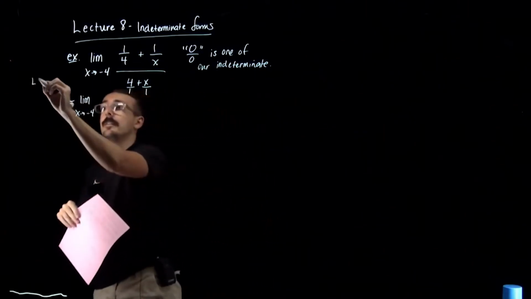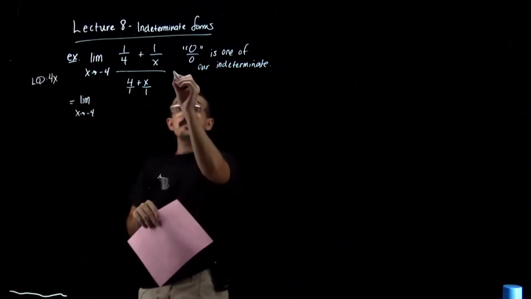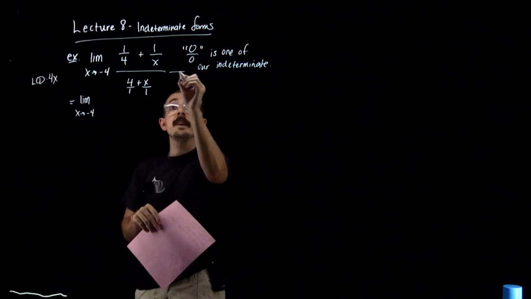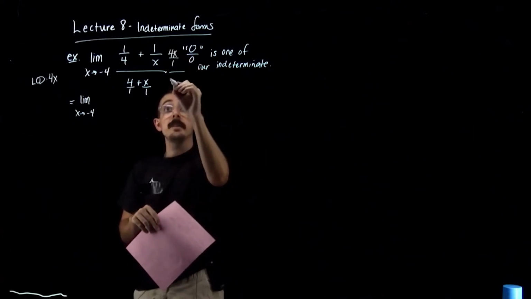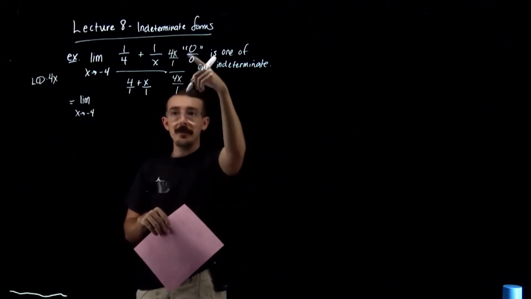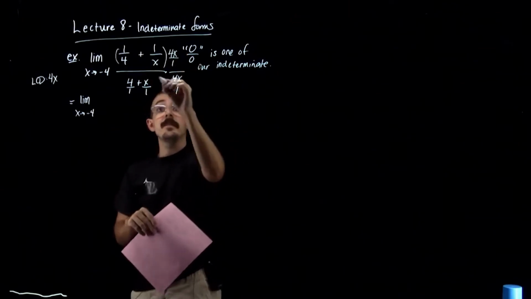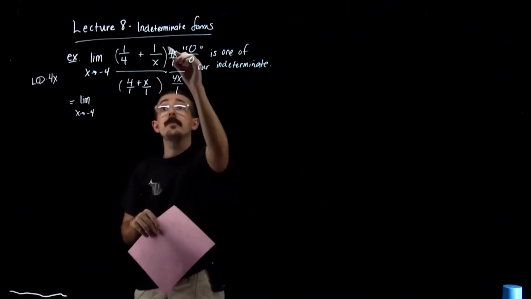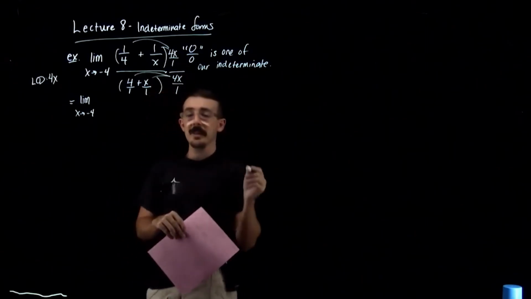So over here, I'll write that the least common denominator is 4x, and I'm going to multiply this entire fraction by 4x over 4x. Okay, so I've multiplied by a form of 1 here, and you can think of this as distributing 4x to every single term in the numerator and the denominator.